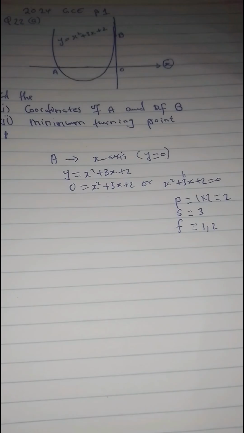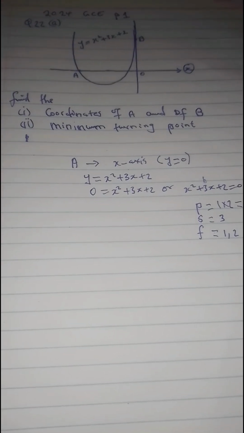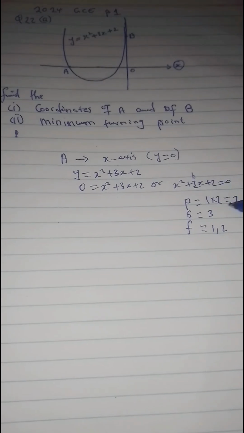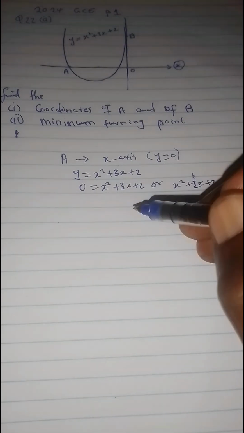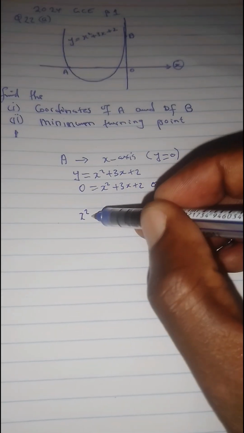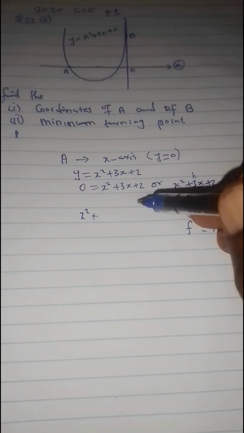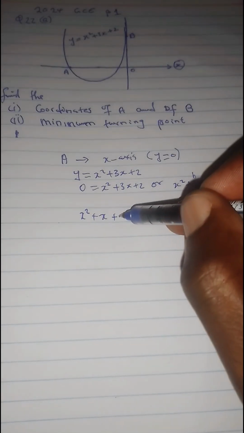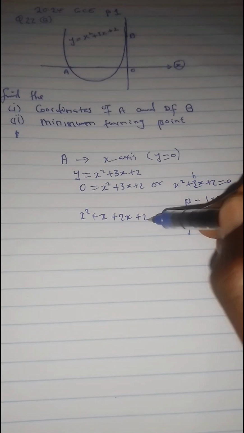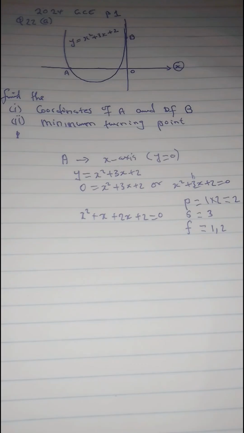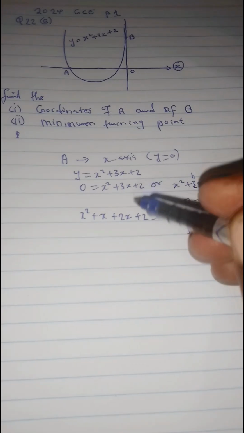Now we replace the middle term: x squared plus x plus 2x plus 2 equals 0.